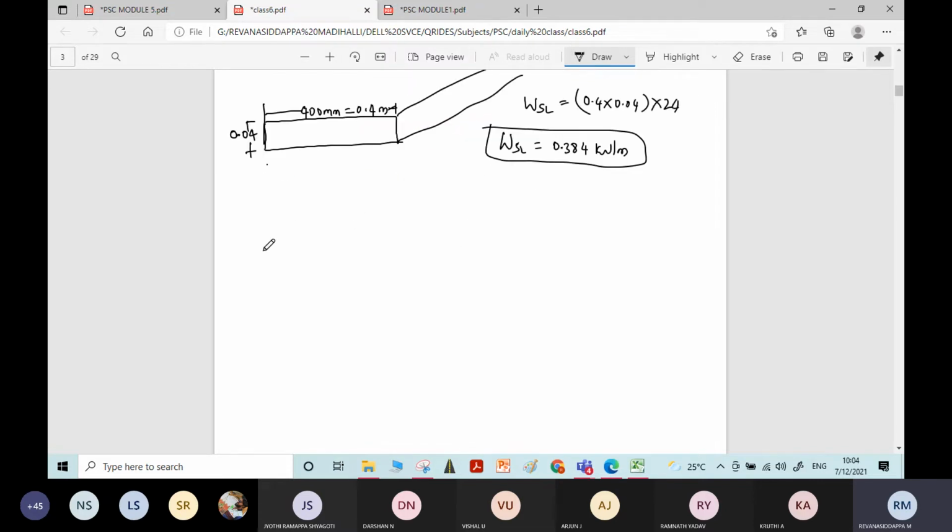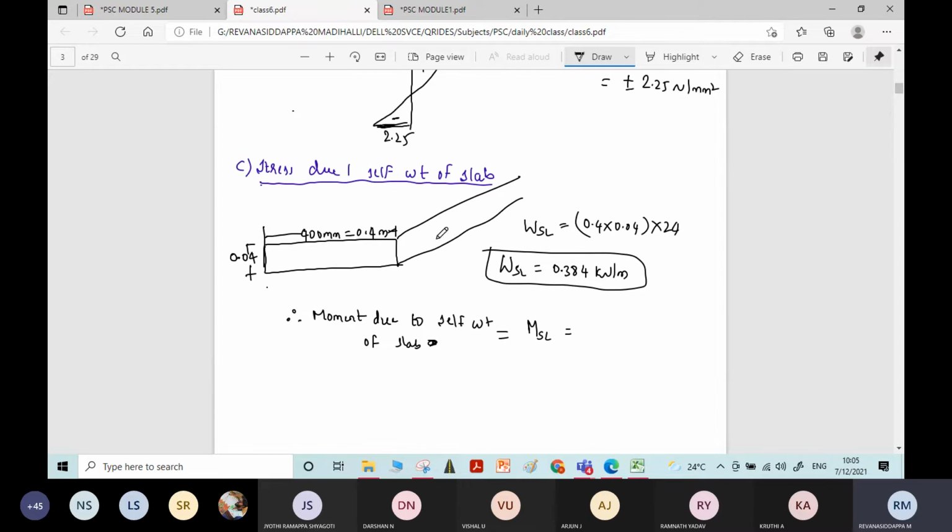Therefore, moment due to slab weight, I will call it MSL, moment due to the self weight of slab is equal to, the span is 5 meter length.